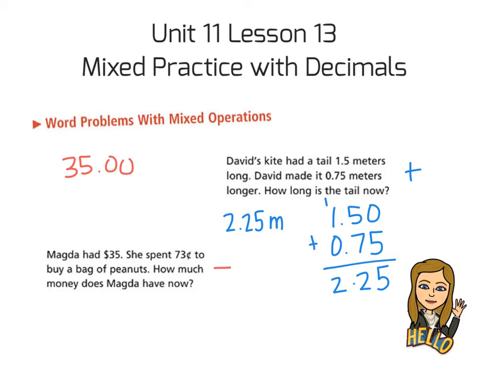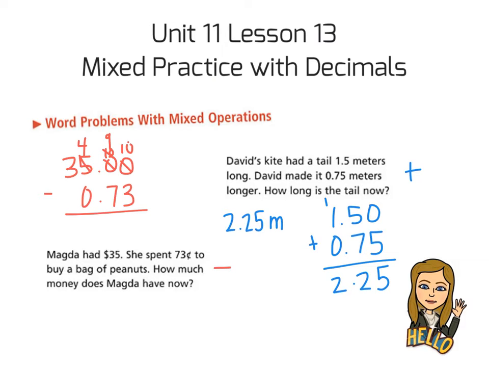Writing it as money, like what it would look like on a price tag. And I'll subtract 73 cents, which would look as such. So when I subtract, I need to borrow across these zeros, borrowing from the 5. Which, remember, then gives me a group of 10 at the end here.